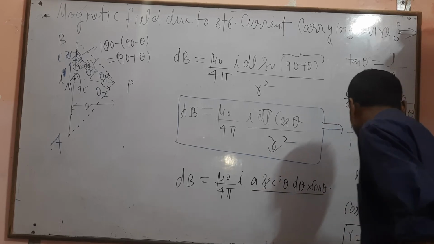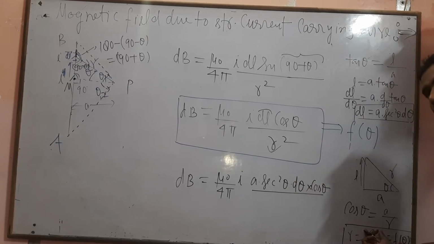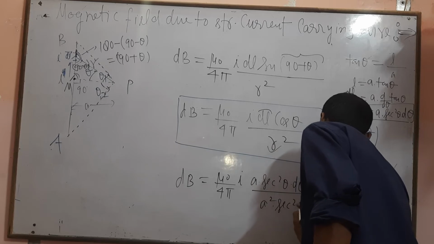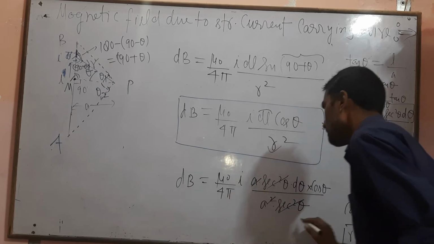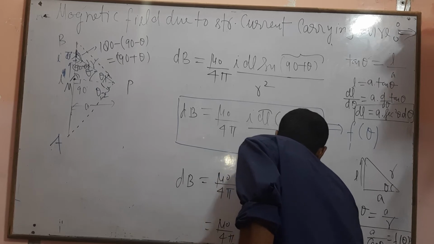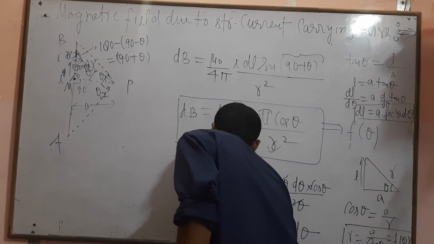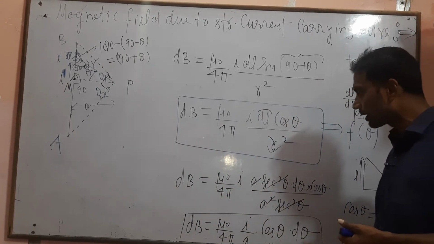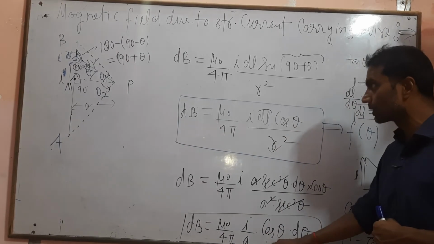R is A into sec theta, so r square is A square into sec square theta. The sec square theta and one A cancel out, so we get mu naught by 4 pi, I by A into cos theta into d theta. This is the magnetic field dB due to the small element dl.